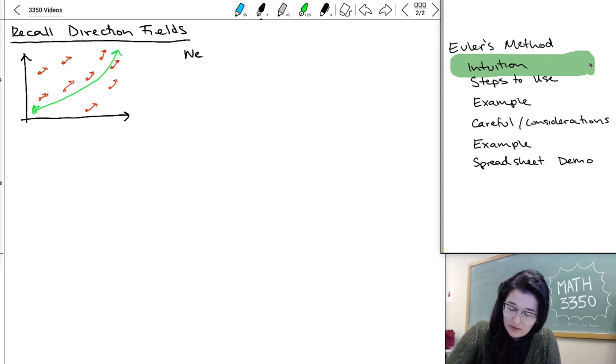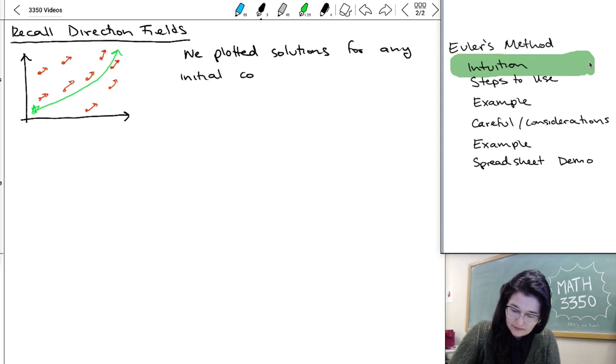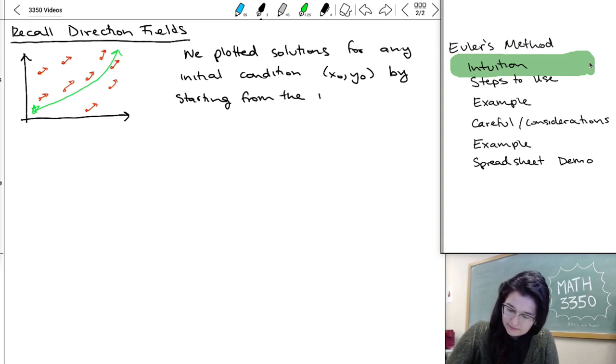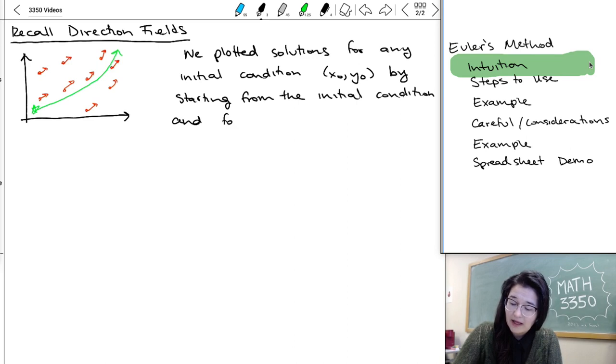And so what we did was we plotted solutions for any initial condition, x0, y0, by starting from that value, and then following the arrows.